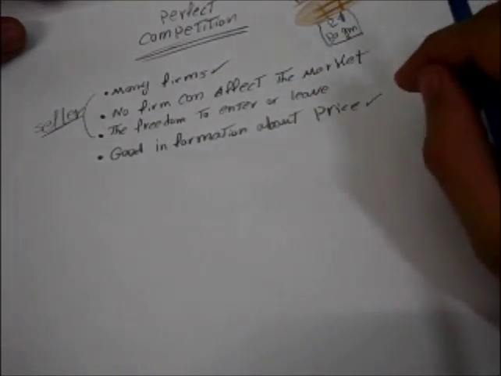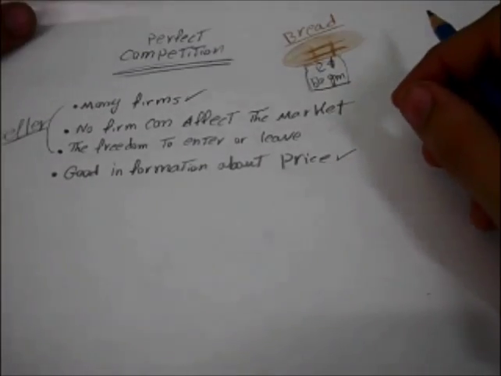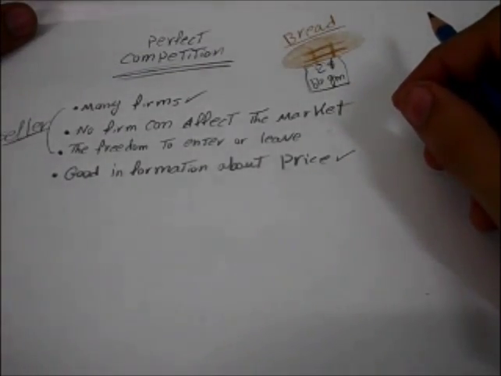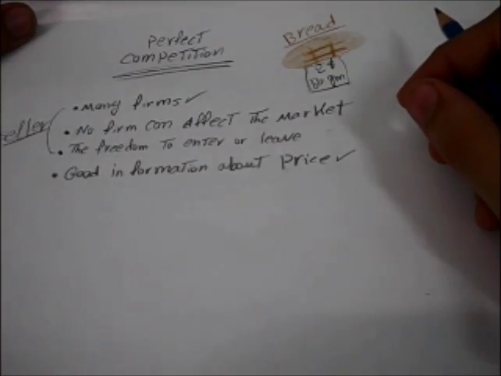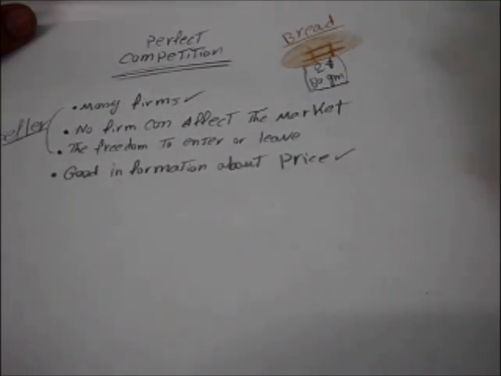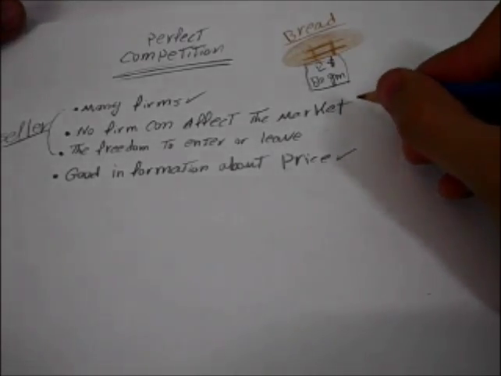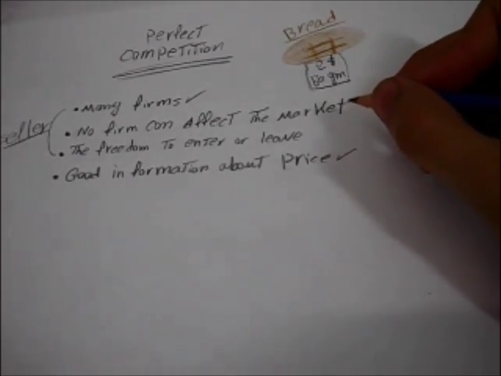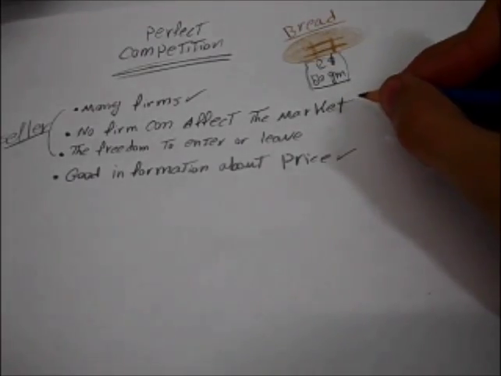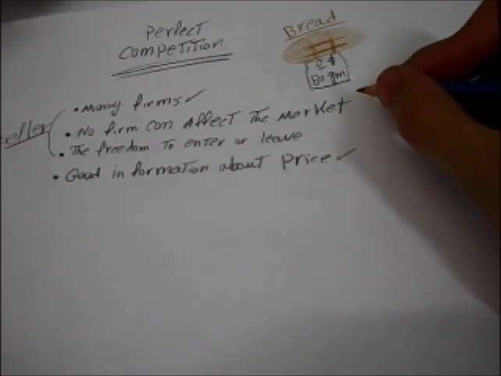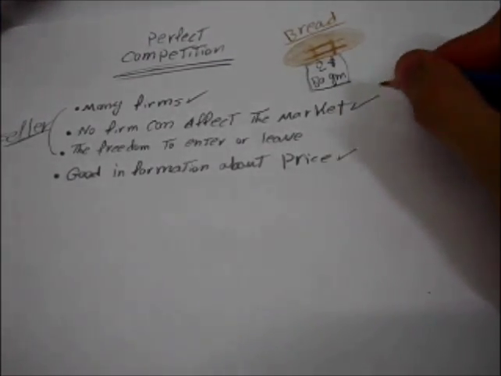Let's say, for instance, a bread seller decided not to sell bread today. Will that lead to an increase in the price in the street for the market of bread? Of course not. One single firm cannot affect the price of the market.